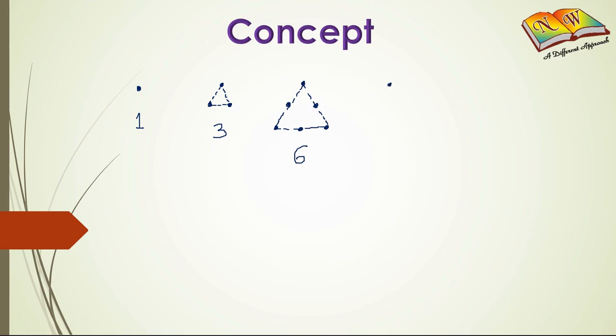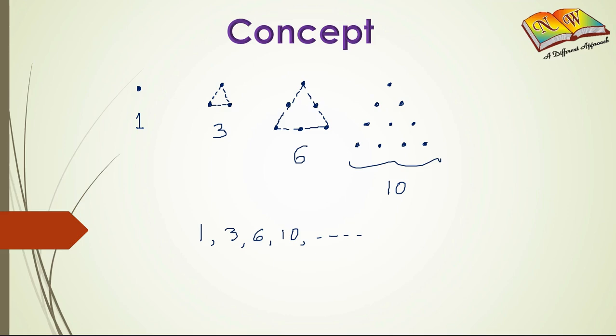In the same manner, we can keep on placing more stones in the next row to increase the next triangular number, and as a result the fourth triangular number will be 10. Now this pattern 1, 3, 6, 10 and so on is the pattern of triangular numbers.